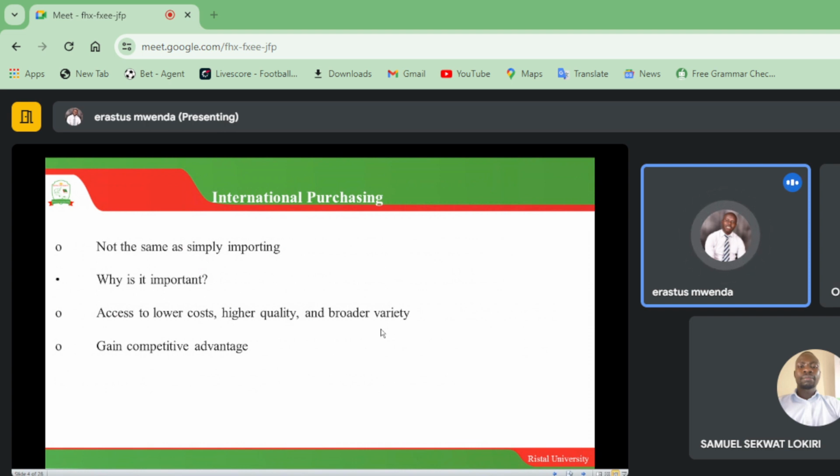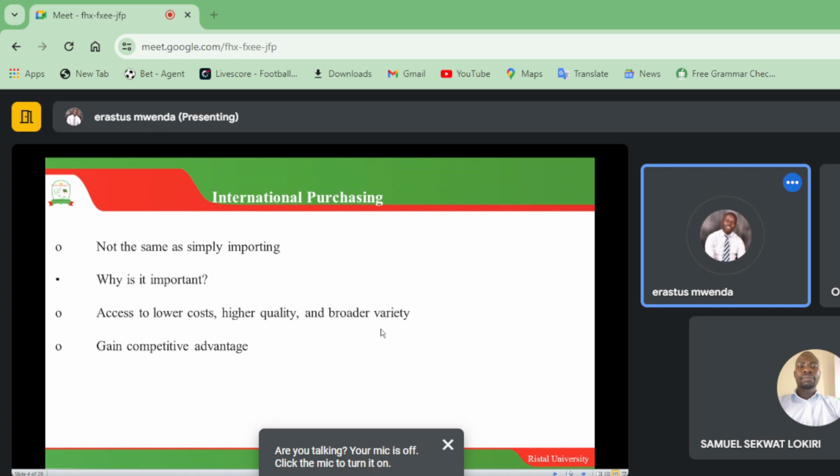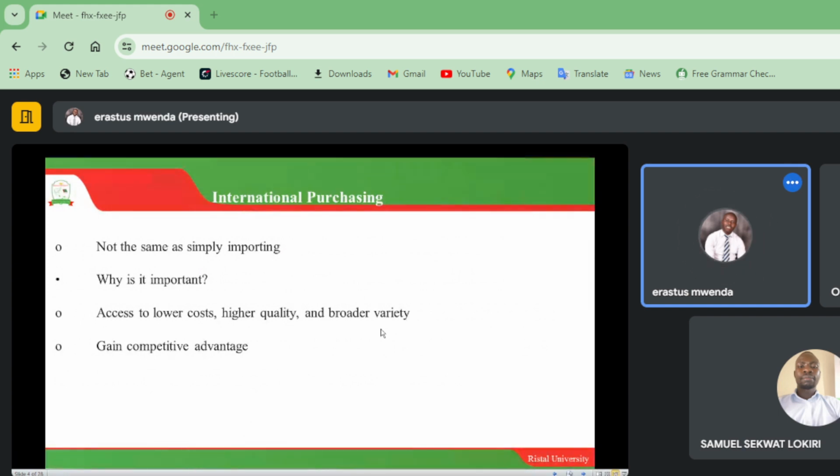If we are talking about a leather product, for example, it's not a conversation around leather that is not genuine. So when we go to international purchasing, those products may be cheap, you would receive higher quality, and also have a broader variety. You have a wide array of products that you can choose from.